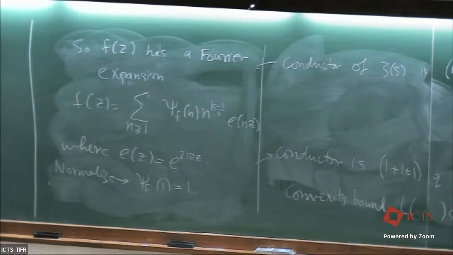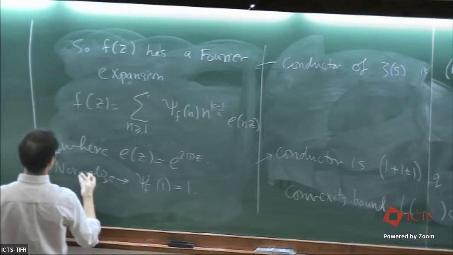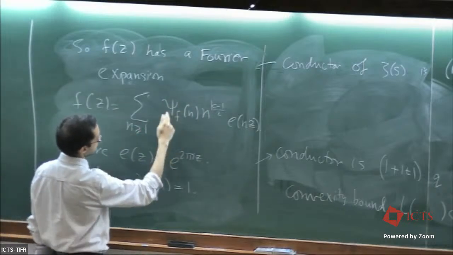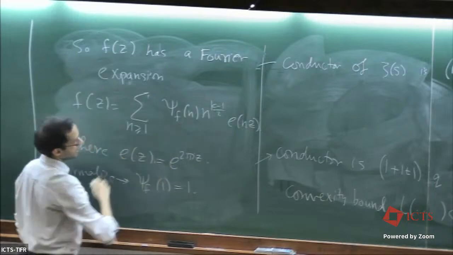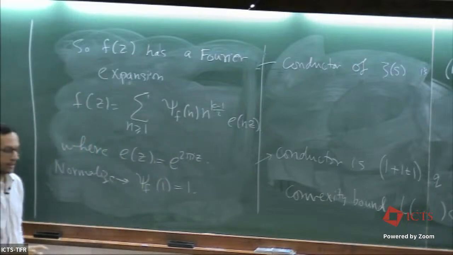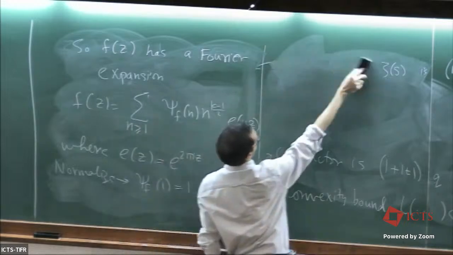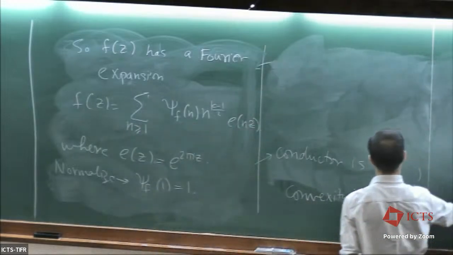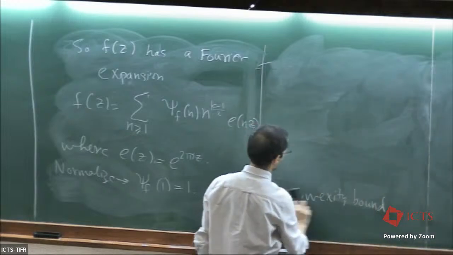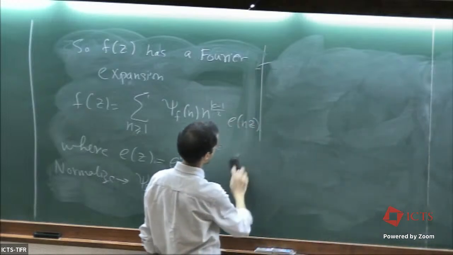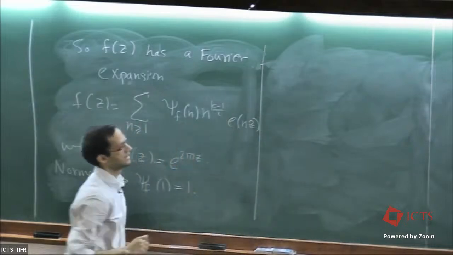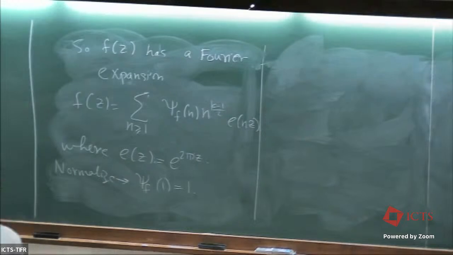If you normalize it like this, these actually match up with the eigenvalues of Hecke operators. So this is somehow background. We are really not going to use this in any explicit manner. This is going to be a black box. But for completeness, I'm just telling you what is the object that we are actually working with.